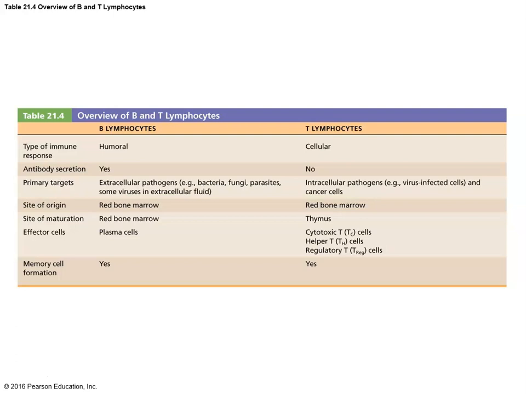So let's say you get a particular thing, and let's just say, since everybody's thinking about the coronavirus right now, let's just talk about that one. As your body would deal with this virus, mostly with T lymphocytes, but some B cells might get involved as well, they would make memory cells.